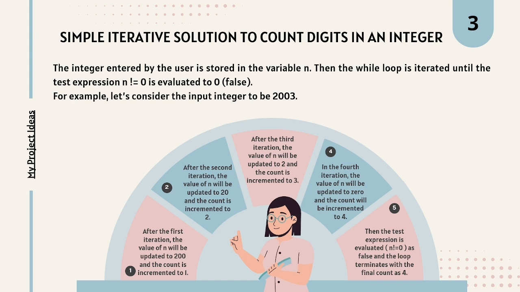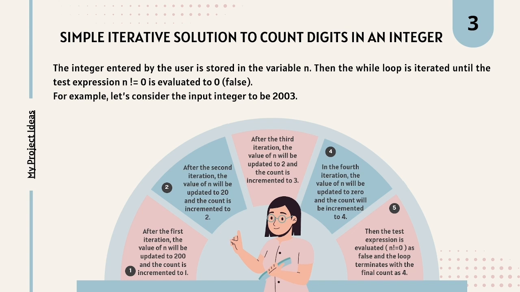Now what we do is, we have a while loop which iterates until the expression n is not equal to 0 evaluates to false. So until n is not equal to 0, the while loop will be iterating. When n comes to 0, at that time you will have the number of digits in the number.